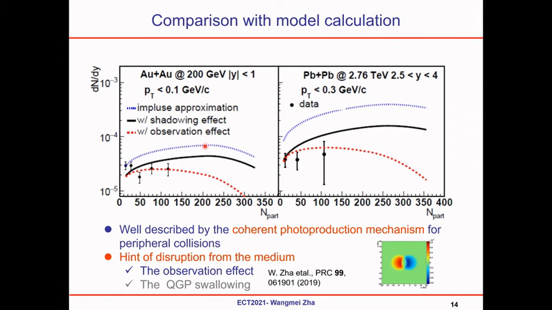But here in the calculation, for the simplest case, we just exclude the nuclear overlap region. This is the so-called absorption effect, shown as the red one. You can find that it describes the data reasonably well. So it shows that we have a hint of disruption from the medium. If there's any, for example, screening effect, it should be in addition to the red line.